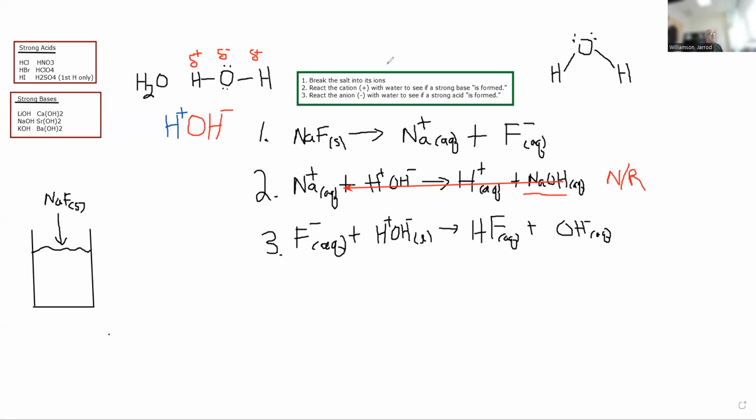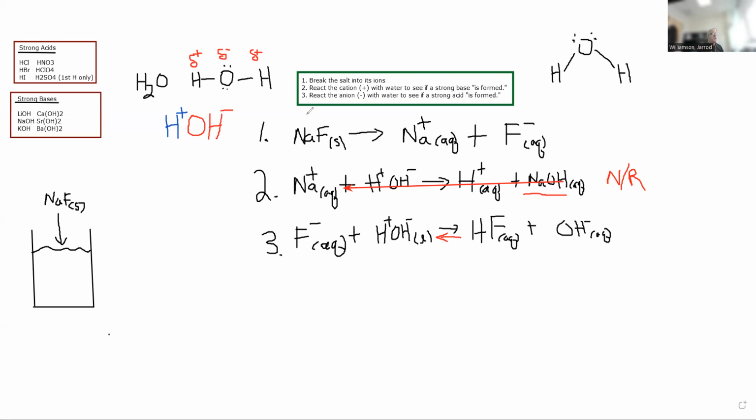So what happens is I end up with this reaction going backwards partly, but not 100% backwards. So I end up with this reaction going into equilibrium.